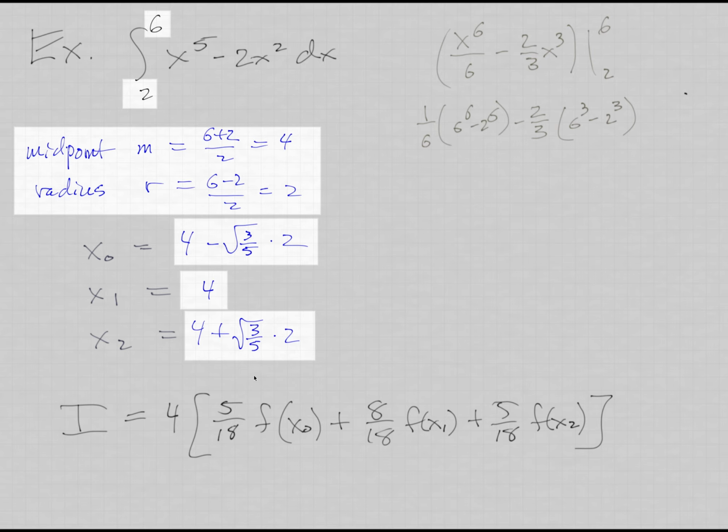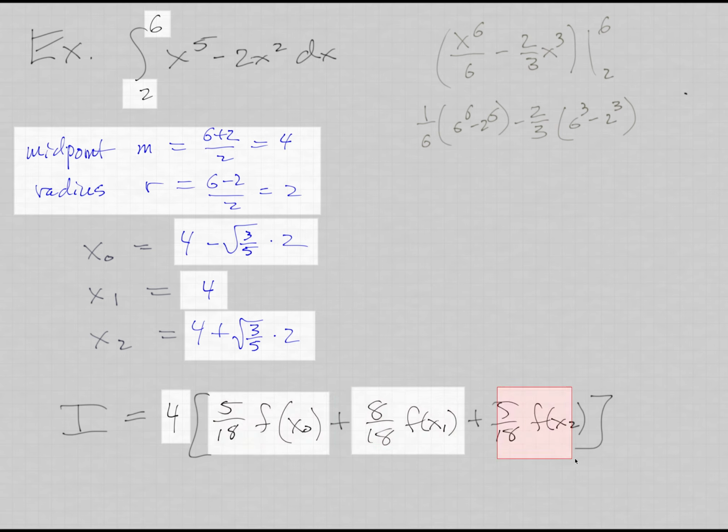Now this is getting pretty messy, so I would suggest that if you don't believe me, and maybe you shouldn't, if you don't trust me, you probably shouldn't, why don't you try it out on MATLAB and see if it works out. So the formula would say we take the length of the interval, which is 4, times the weighted average of those 3 values of the function, right?